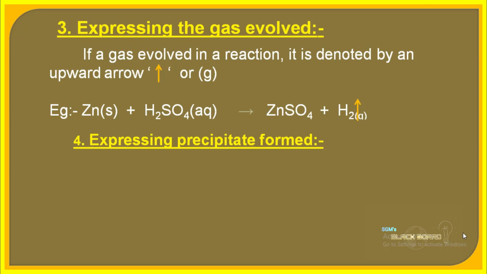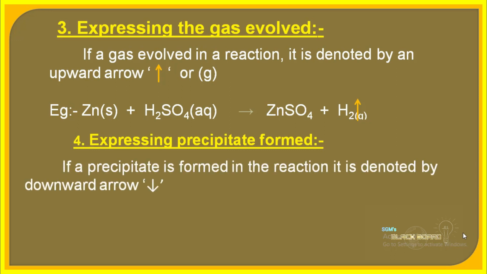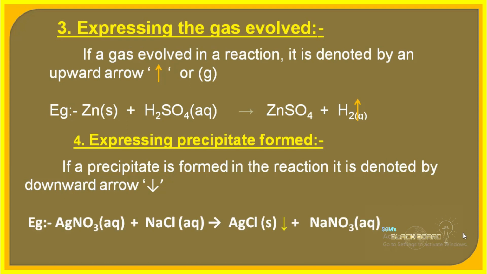Expressing precipitate formed. In some kinds of reaction, a precipitate forms, which is insoluble in water. For example, silver nitrate reacts with sodium chloride to give silver chloride and sodium nitrate.